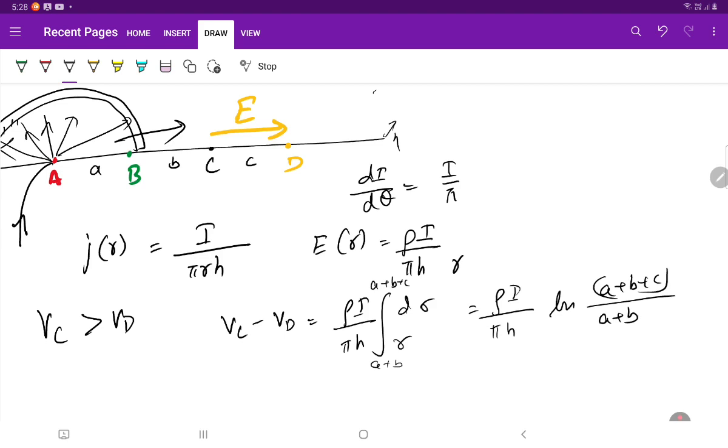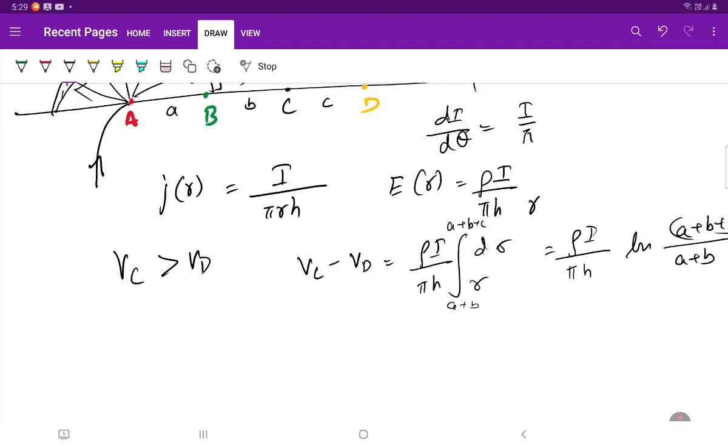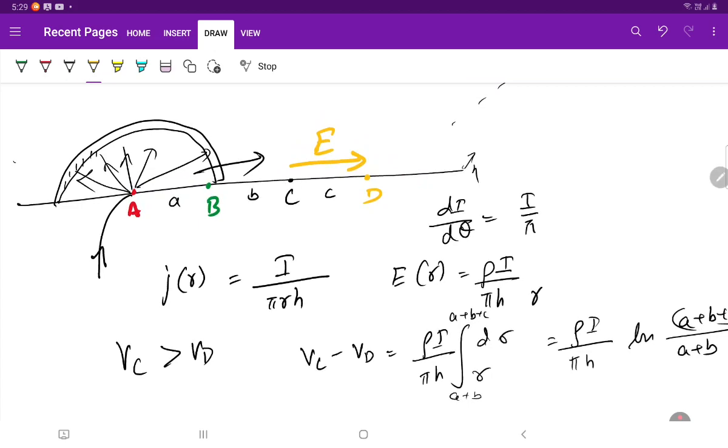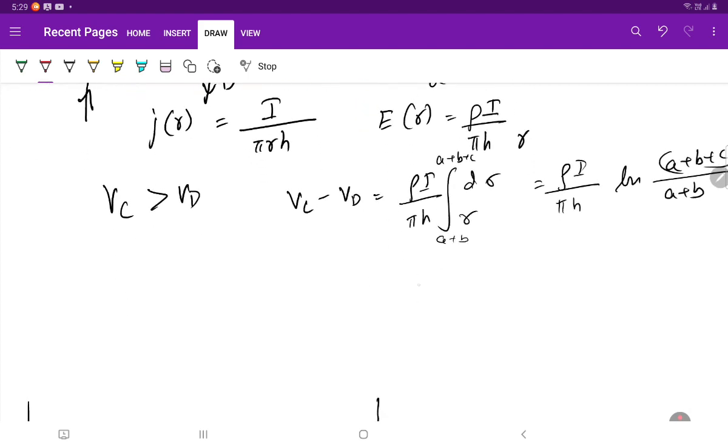But we are not done yet, because we have only considered the voltage contribution due to the current driven through A only. But what about current driven through B? If current I is again driven out through B, then in this case the electric field direction, which I am showing by red color, will be reversed. Now in this case Vd is greater than Vc.